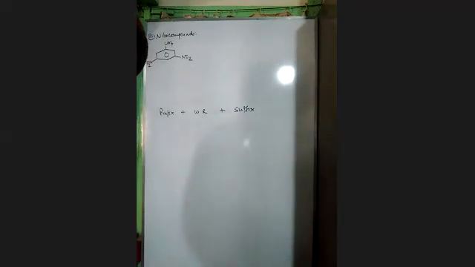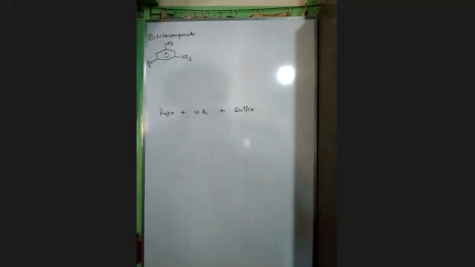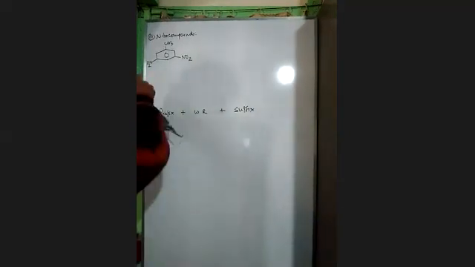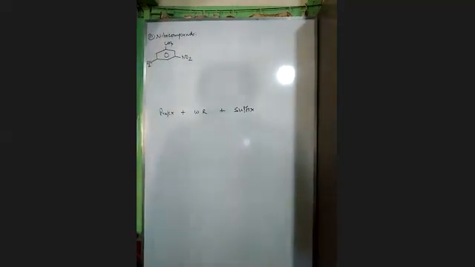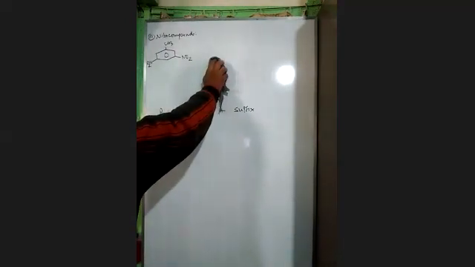Alphabetical order. Yes. Then 1 methyl, 3,5 dinitro. Yes. So it is 1-methyl 3,5-dinitrobenzene. Okay.